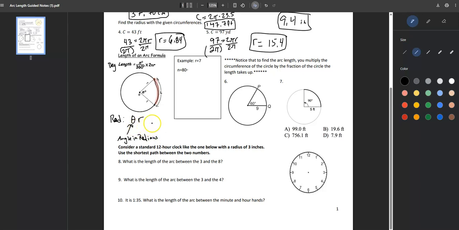So you're converting that. And then this would just be your radius. So for me, I'm going to use this formula right here when it's in radians, not when it's in degrees. Okay, but you can use the degree one if you'd like.